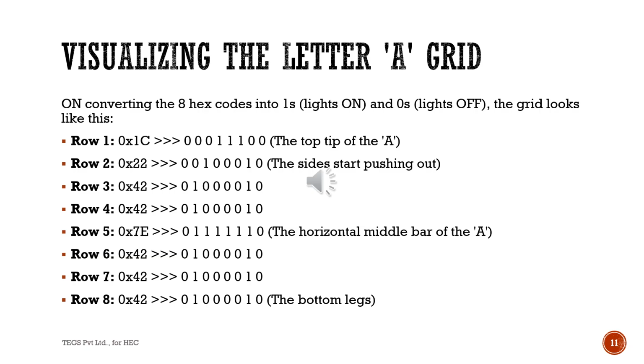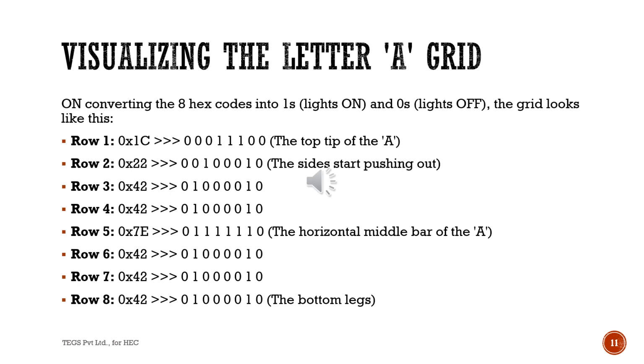Row 1, 1C hex: 0, 0, 0, 1, 1, 1, 0, 0. This is the top of the A. Row 2, 22 hex: 0, 0, 1, 0, 0, 0, 1, 0. The sides start pushing out.